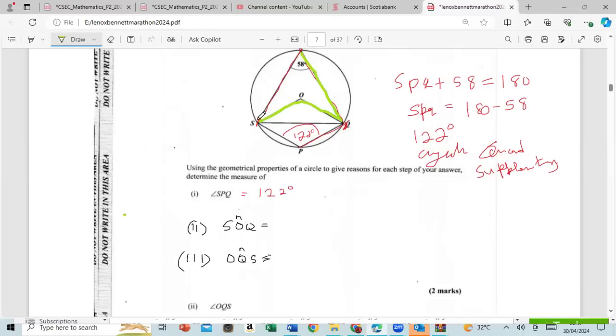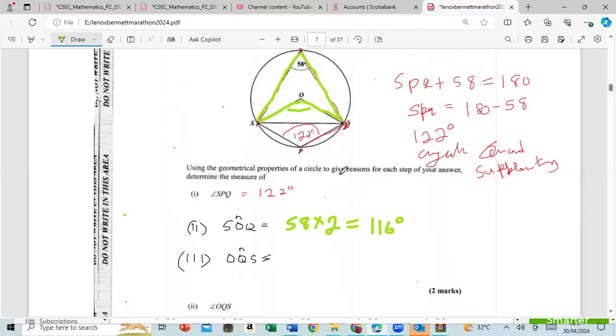If you look in a book, you're going to see that. So this angle at the center, remember, the angle at the center is twice. So you just multiply 58 by 2. I think you guys got 160. So this works out to 160.